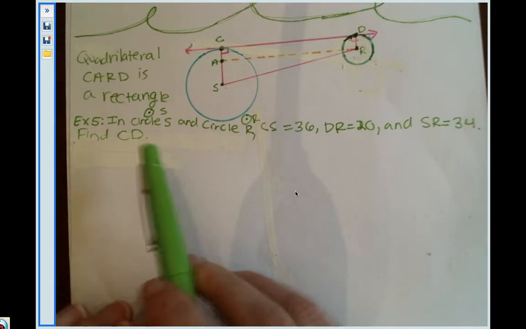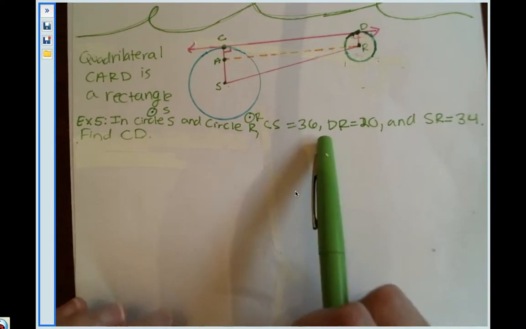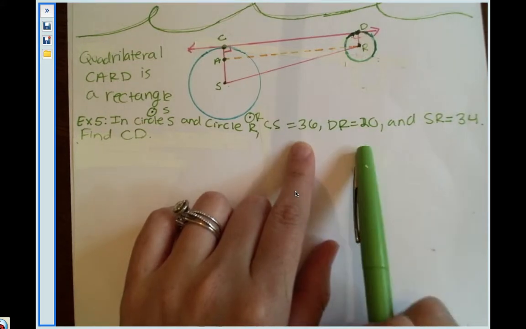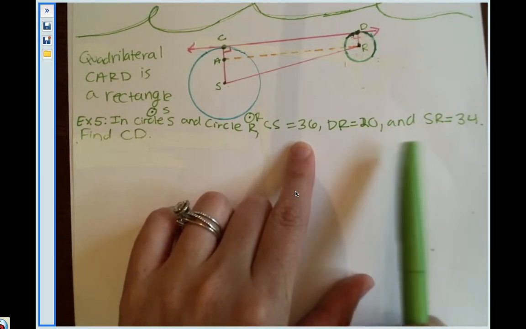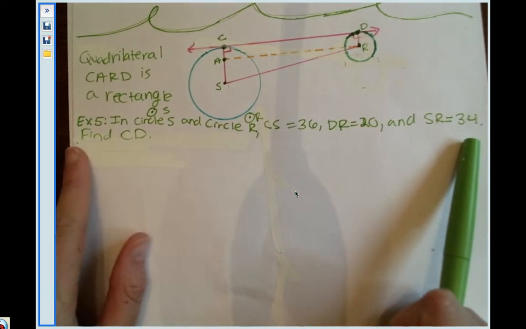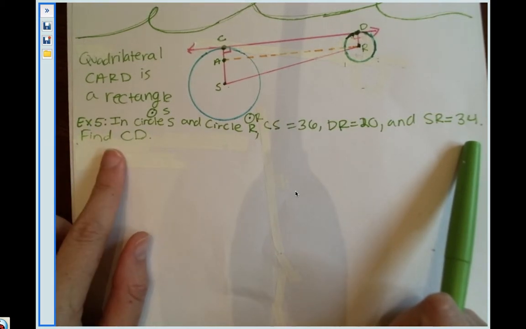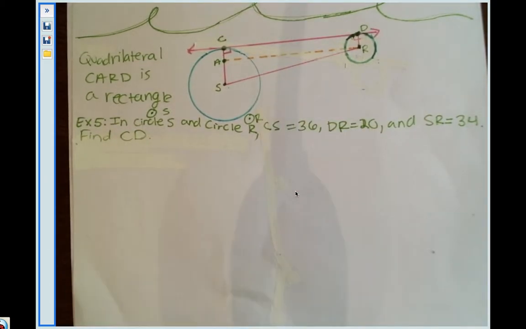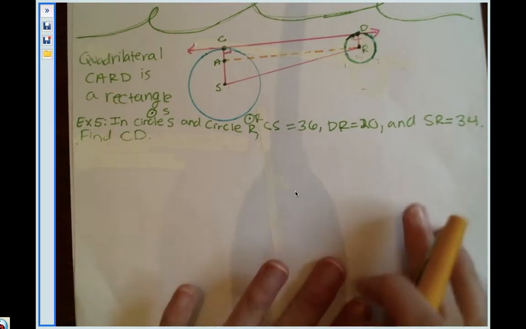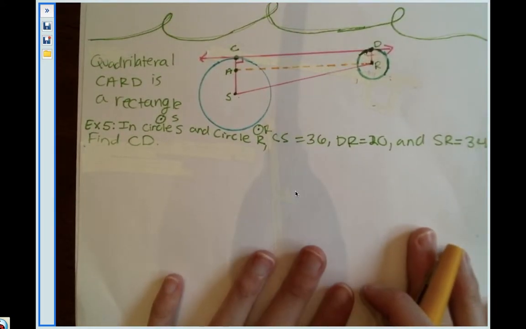Anyway, in circle S and circle R, CS is 36, DR is 20, and SR is 34. Find CD. Like normal, I'm going to label my picture so that it helps me when I'm solving.